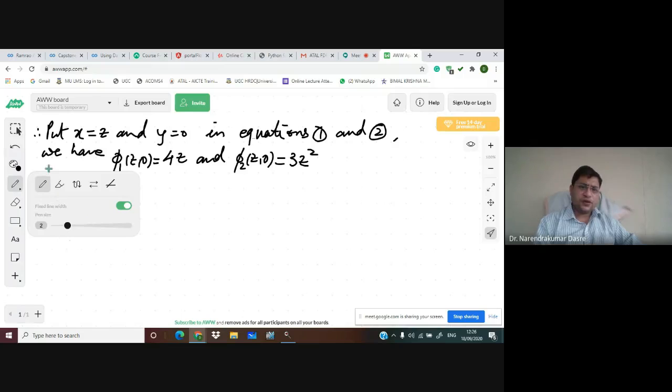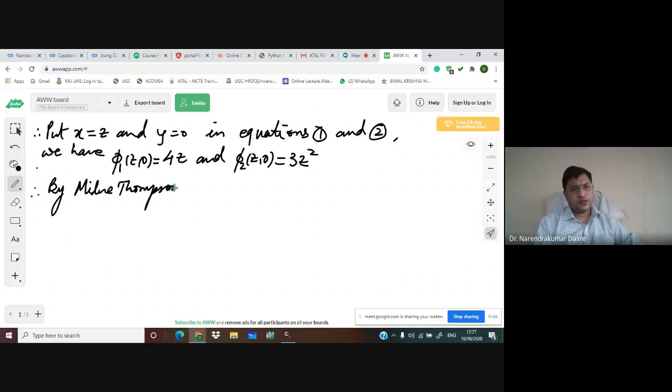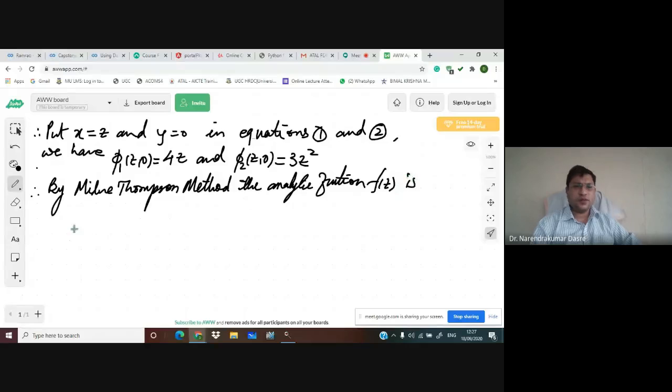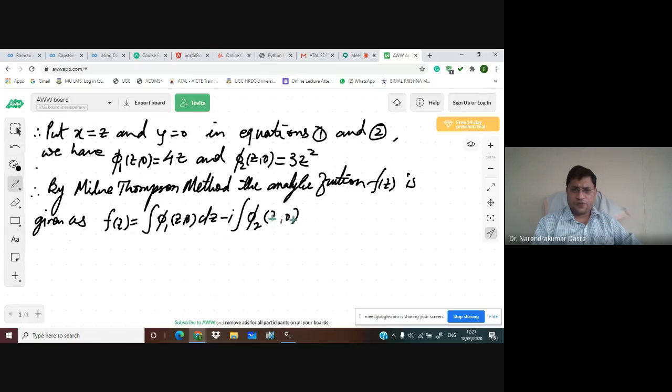Now we have to go for the fourth step. Okay, so hence by the Milne-Thompson method, the analytic function f of z is given as, so what will f of z be? f of z is equal to integration phi1 of z0 dz minus i integration phi2 of z0 dz plus c1.